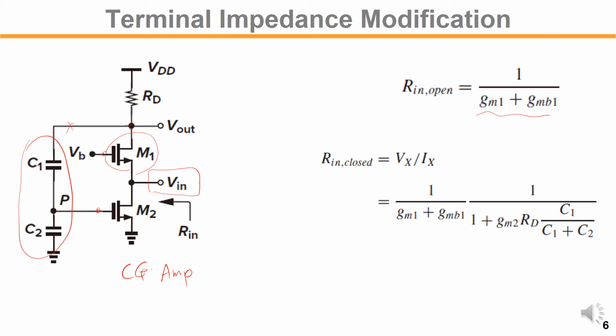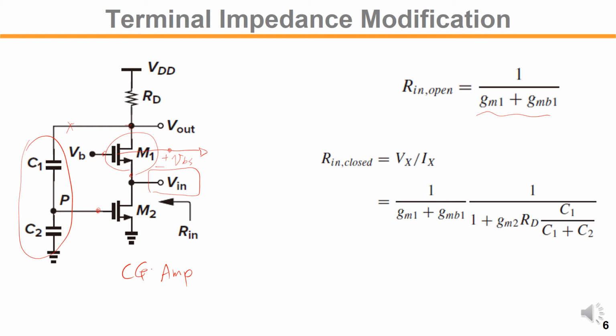Because the source node is also moving. When the body is tied to ground, the body voltage and source voltage will also change, so VBS is also changing. So we have the transconductance.